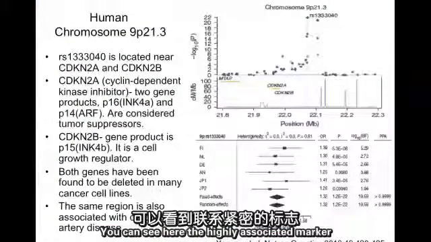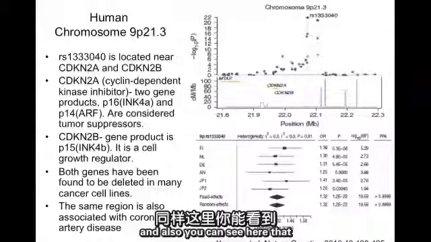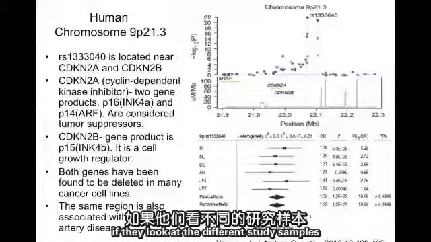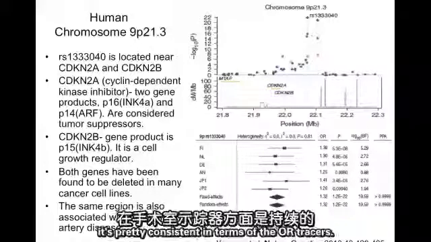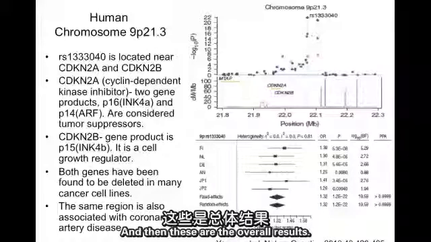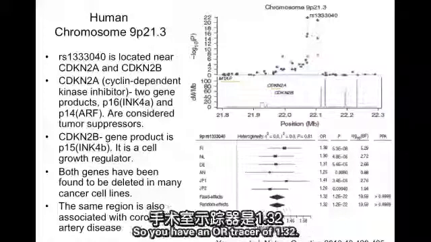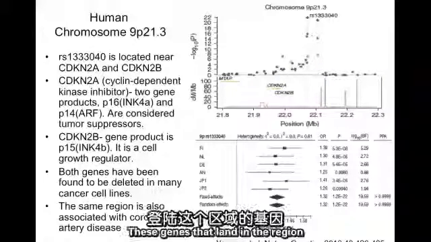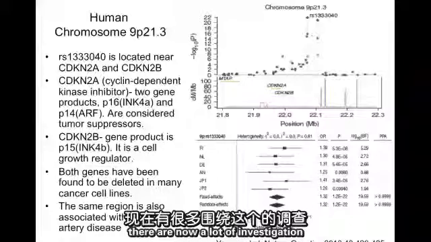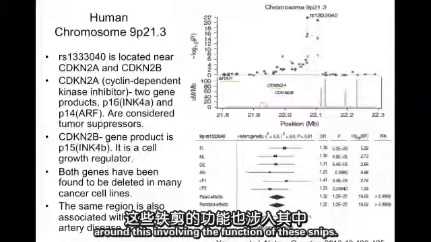You can see here the highly associated marker, and if they look at the different study samples, it's pretty consistent in terms of the odds ratios, and these are the overall results. So you have an odds ratio of 1.32. There is now a lot of investigation around the function of the genes that land in the region and these SNPs.